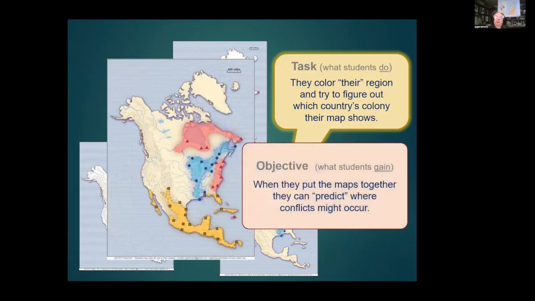When they put the maps together, they can predict where conflicts are likely to occur between the French, Spanish, and British people, who had different reasons for locating the colonies where they did. They were using different products. They were sending different kinds of people over to be colonists. In other words, they had a different colonial logic.